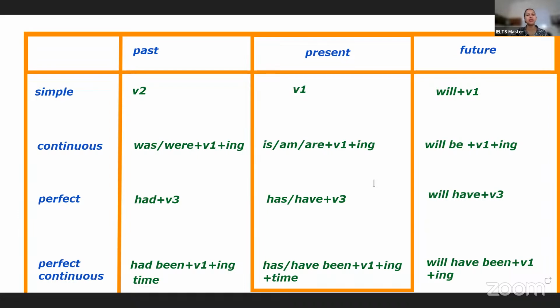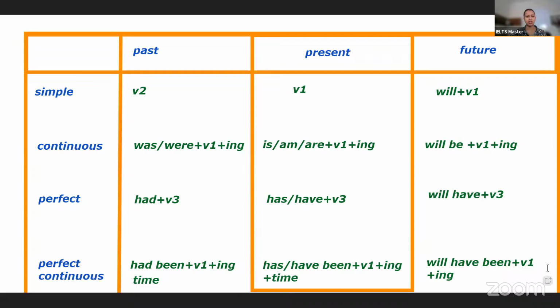Similarly, in present, we use V1. In continuous, we use is, am, are, gerund. In perfect, we use has, have, third form. In perfect continuous, has, have, been, gerund. In future, will, V1. Future continuous, will be, gerund. Future perfect, will have, third form. Future perfect continuous, will have been, gerund. This part is clear. Let's go into detail now.